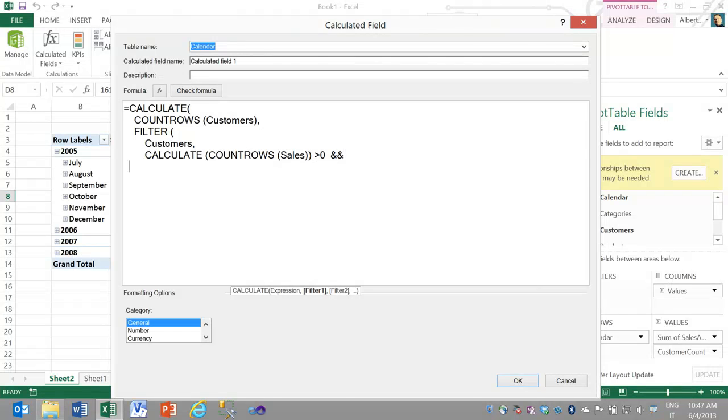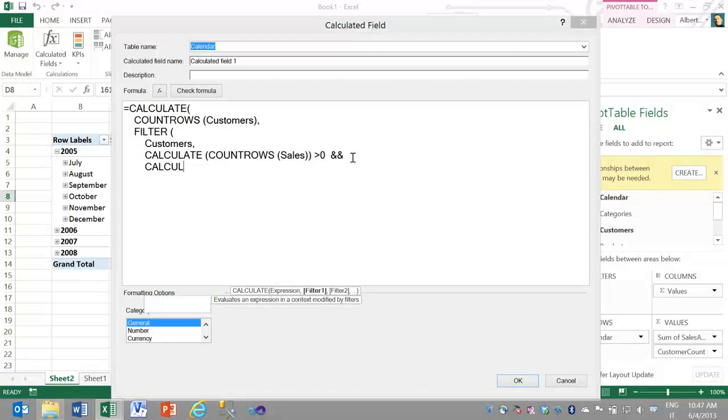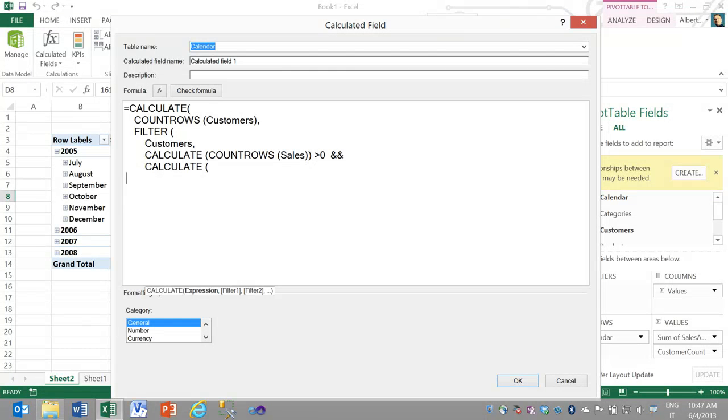We want something more complex, and this something more complex is that the customer never bought anything before. So it's another calculator. Again, we check the number of rows in the sales table, but this time we don't check the rows in the sales table for the current period. What we want to state is that the customer never bought anything before.